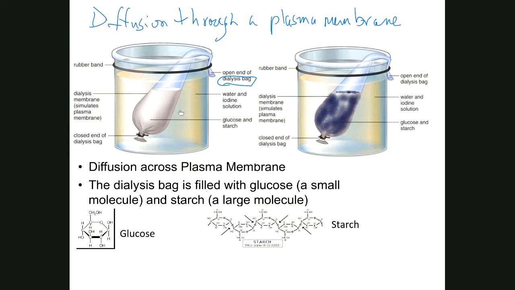All right. And I also would have filled the bag with starch, which is a much larger molecule. Here's a picture of starch. But note the comparison between glucose and starch. Starch is basically just a chain of glucose. You get rid of this OH, this hydroxide here, and you can attach more.